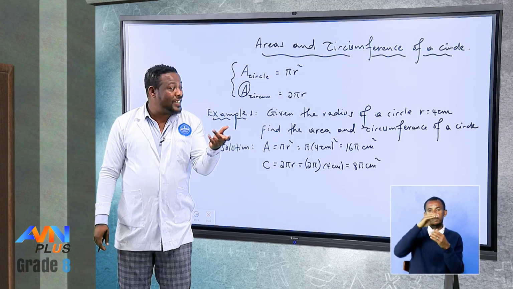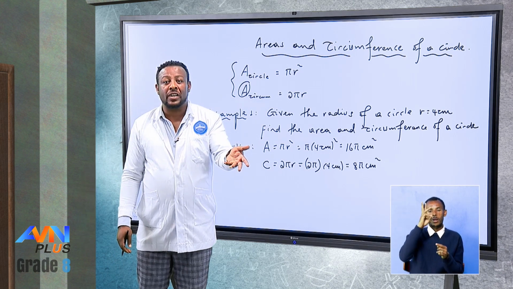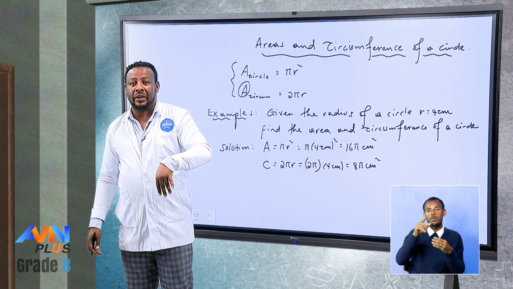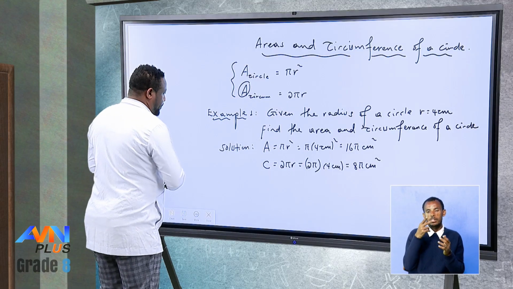Now let me change this example in a little bit different way. Okay, I will give you the circumference and you will calculate the radius and its area. So let's see the second example.